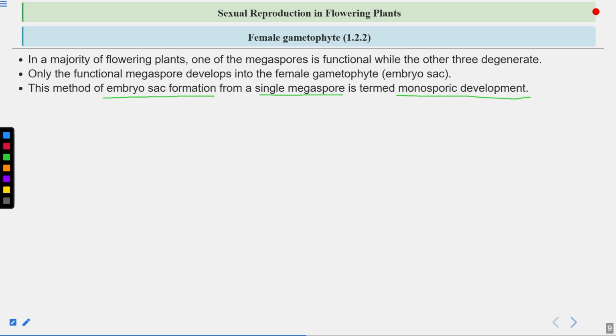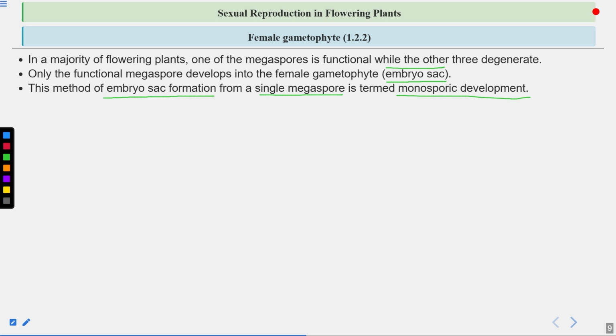What is the number of cells in one embryo sac? I'm just talking about cells, not the nucleus. How many cells are there in one embryo sac? 7 cells.